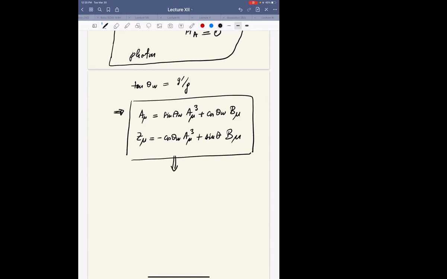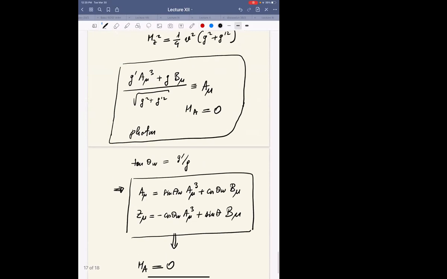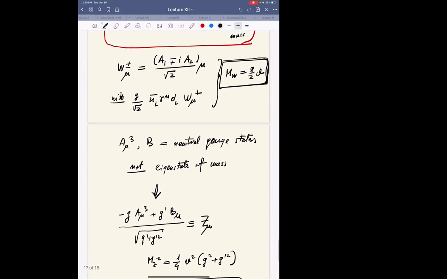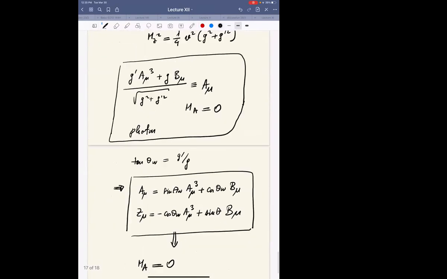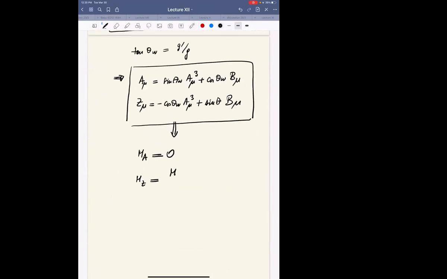There is more to it. mA is 0. And mZ is predicted not by itself, but as a ratio to the W mass. The W mass has g squared, this has g squared plus g prime squared. mZ is mW over cosine theta W. Let me just write here, please. mW is g over 2 v.